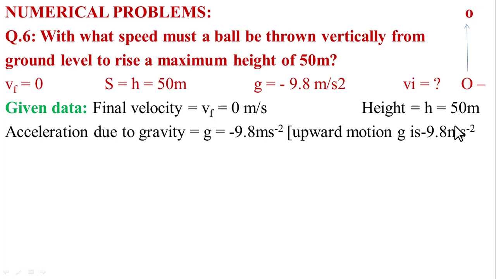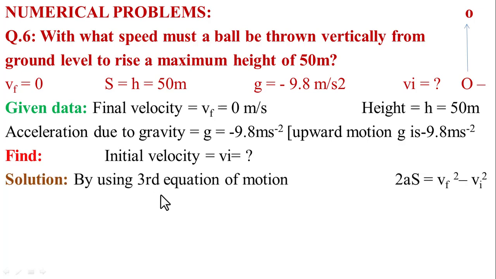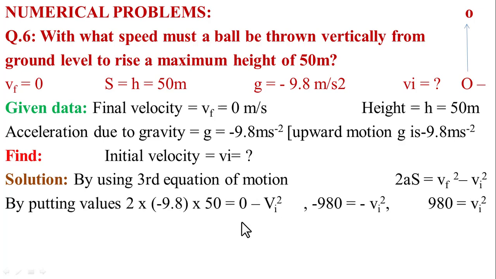Now, acceleration due to gravity g is equal to minus 9.8 meter per second square. Upward motion, g is negative. Then find initial velocity Vi. In the solution, by using the third equation of motion, 2aS is equal to Vf square minus Vi square. Putting the values, 2 into minus 9.8 is the value of gravity.